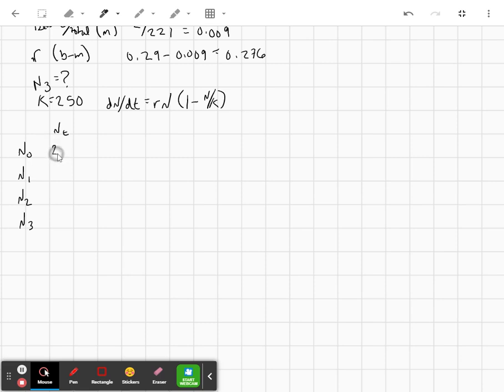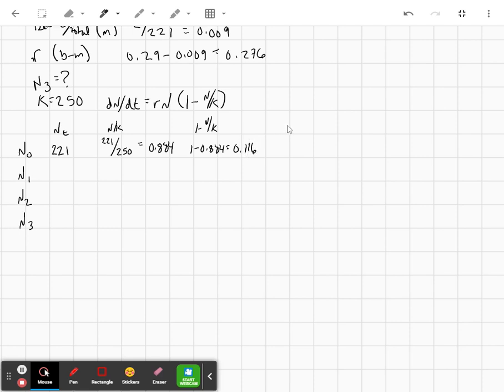The first, we're going to start with my original population size of 221, and then I'll solve for N divided by K. So in this case that'll be 221 divided by K, which is 250, and that's equal to 0.884. Then the next thing I'm going to figure out is 1 minus N over K. So in that case, it's 1 minus 0.884, which is equal to 0.116.